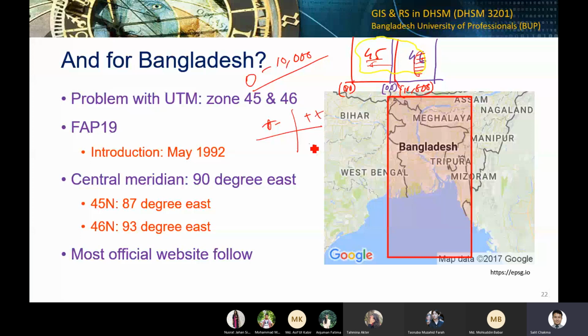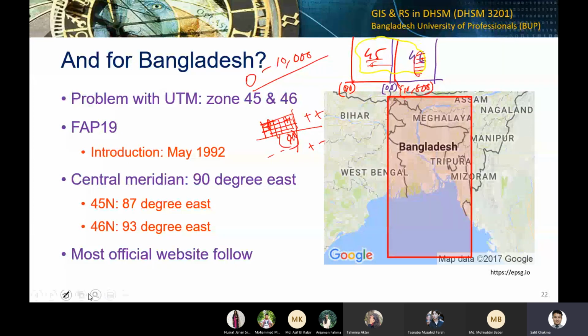So plus plus, plus minus, minus minus, minus plus. So if we are talking about this region in the western part, then it is going to fall onto this part of the origin point. As a result, still error.